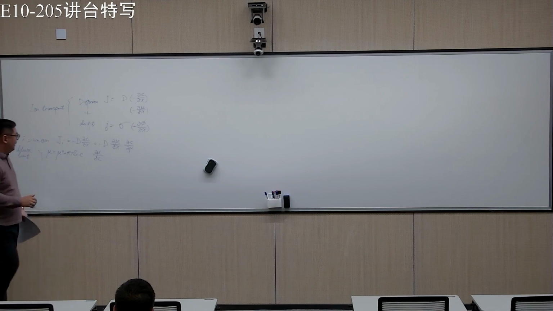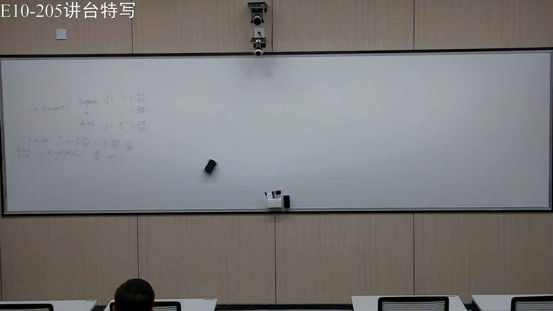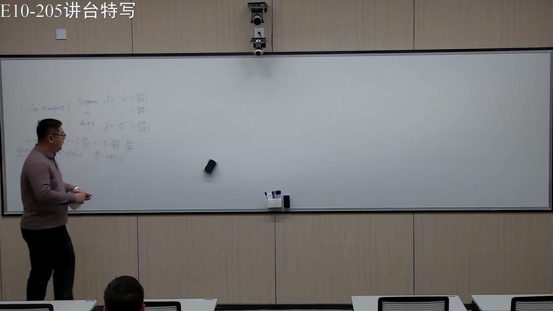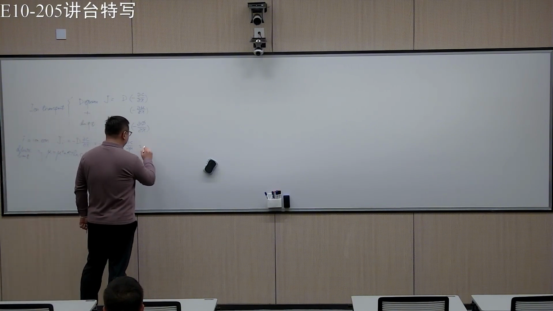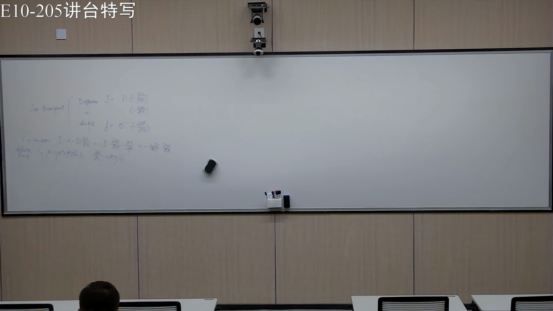Then partial mu partial C is RT over C. Applying this to the equation, what you get is negative C D over RT partial mu partial X. This is the first equation we want to talk about.